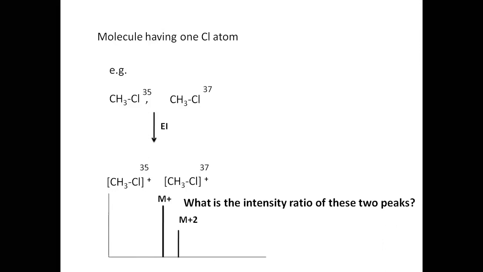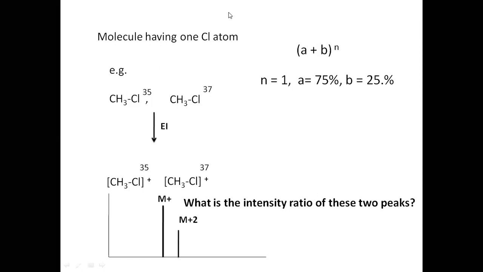To find out the intensity ratio, we have this equation, (A plus B) to the power n. Now put the values for this CH3Cl.